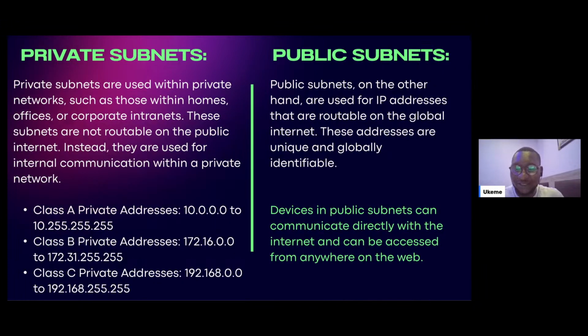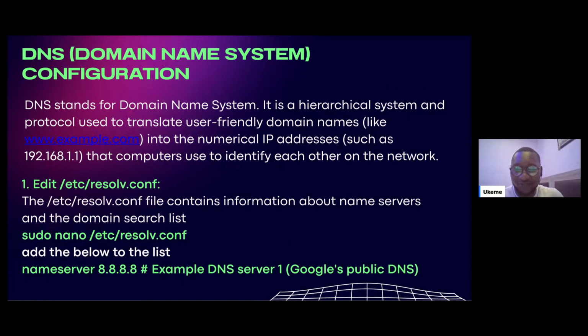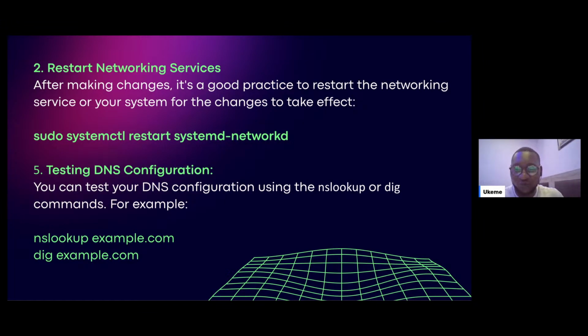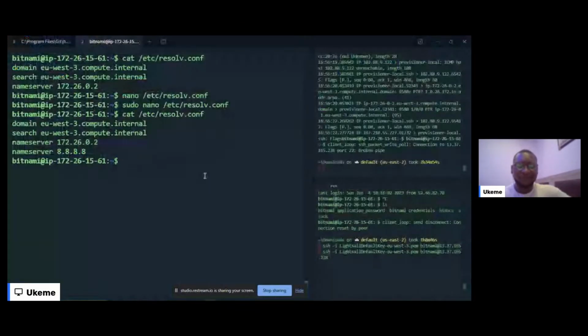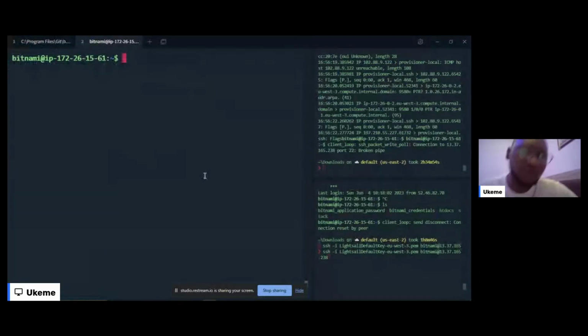Okay, so what we just did there was add a new IP address as a domain resolver in our Linux machine. And then once we've done that, we can now restart the network and then test a DNS configuration. In terms of restarting the network, this might be a bit advanced for some people, but we use something called systemctl. I will give you sudo. Sudo means superuser do, and then systemctl means system control.